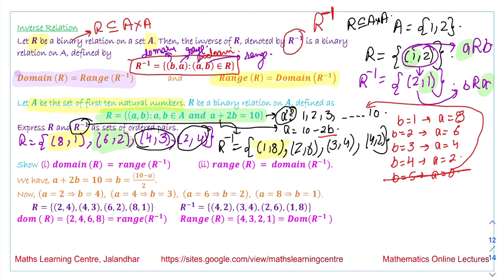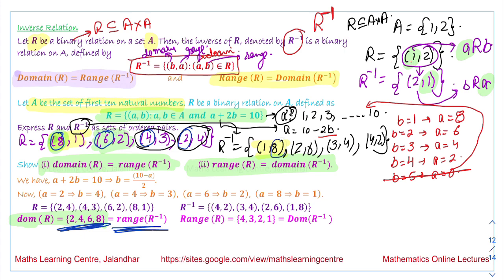Next, we have to show that the domain of R is equal to the range of R inverse, and the range of R is equal to the domain of R inverse. The domain of R means we write these first terms: 8, 6, 4, 2. So it is the set 2, 4, 6, 8, and this is equal to the range of R inverse.